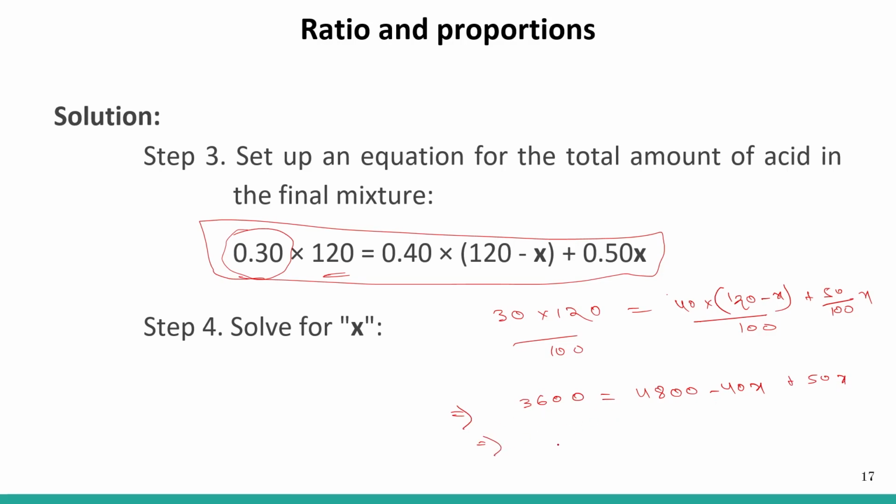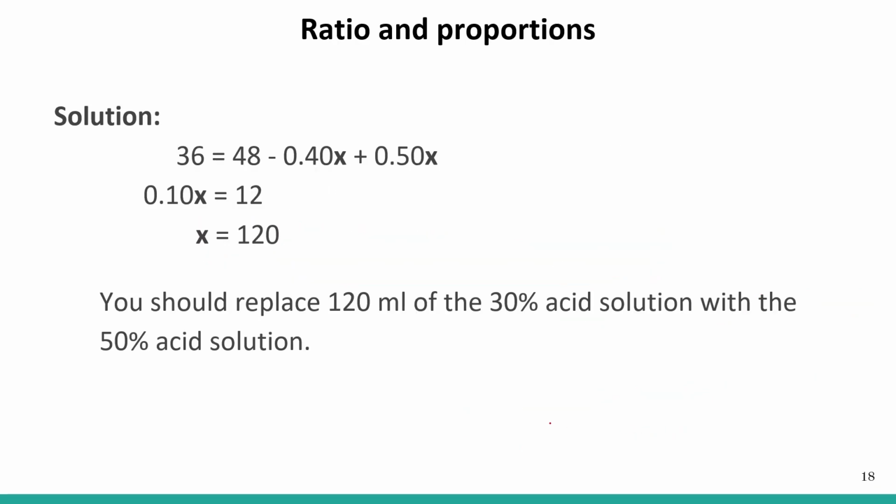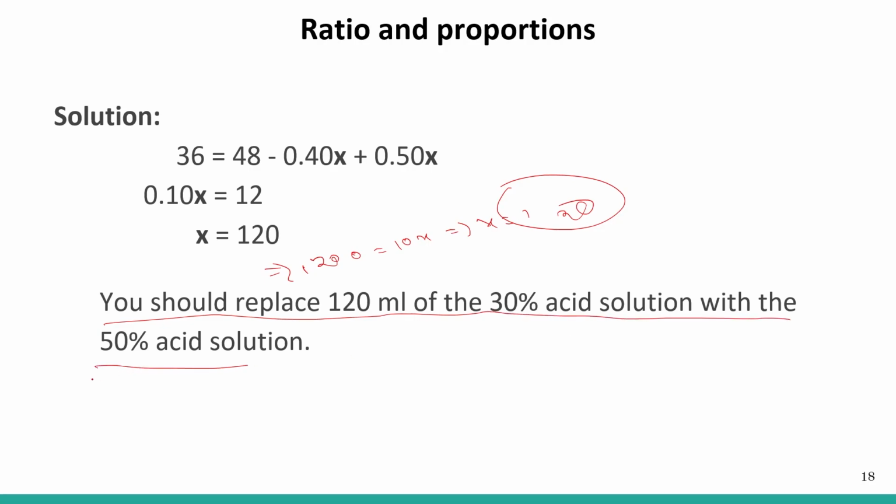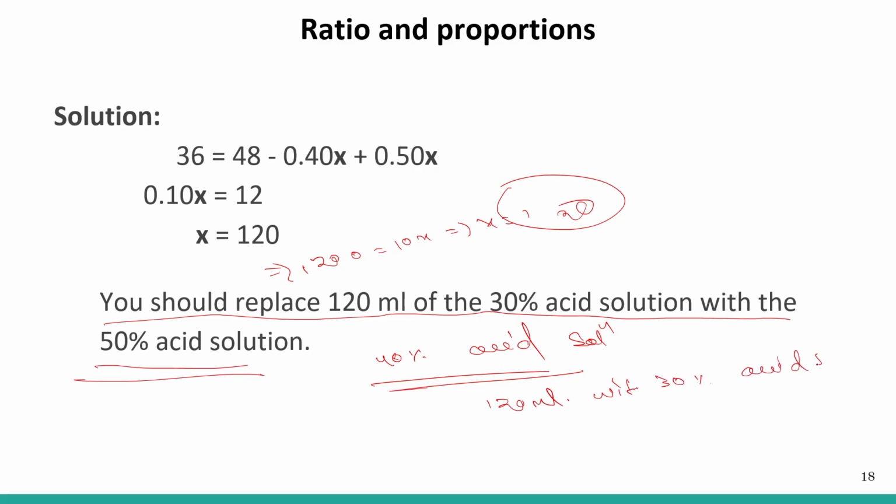Okay, so we are left with 1200 is equal to 10x. So this implies x is equal to 120, right? So you should be replacing 120 ml of 30% acid solution with the 50% acid solution in order to arrive at 40% acid solution. What we had previously was 120 ml of 30% acid solution.